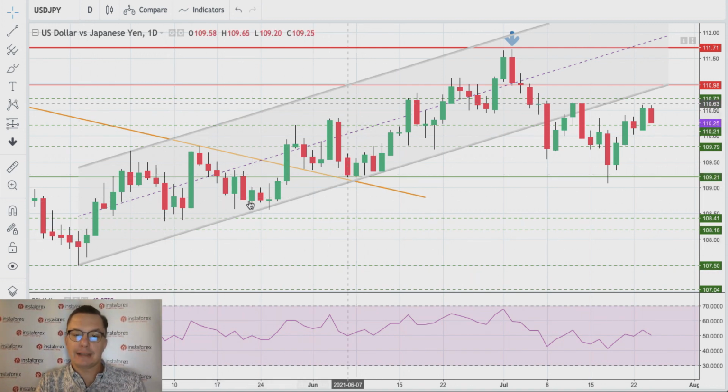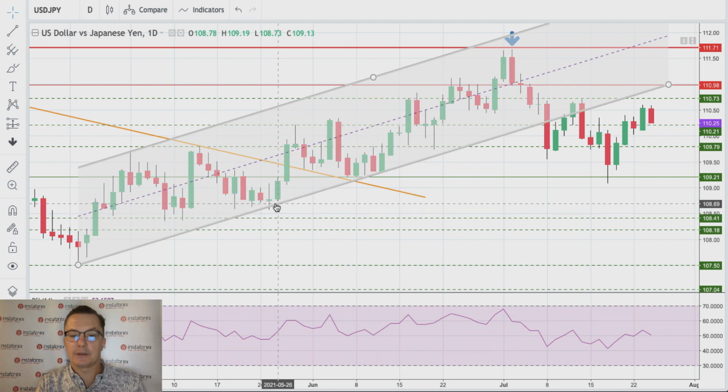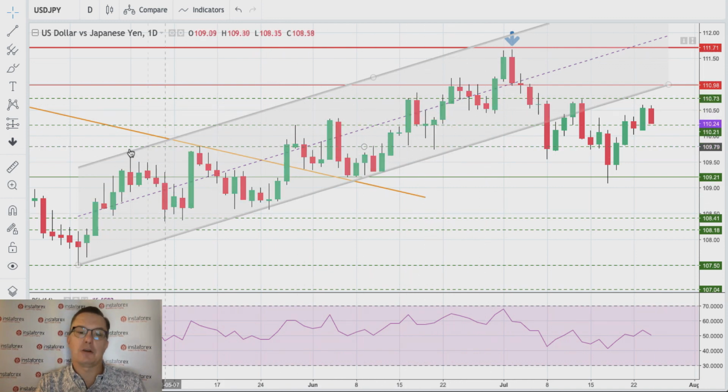This price action inside of this channel looks pretty much corrective. It looks like A, B, and C, connector X, A, B, and C, connector X, A, B, and C. So that's a complex corrective structure here, which means this move from 107.50 to the recent high at 111.67 is not impulsive in nature. This is a corrective advance inside of the corrective channel.